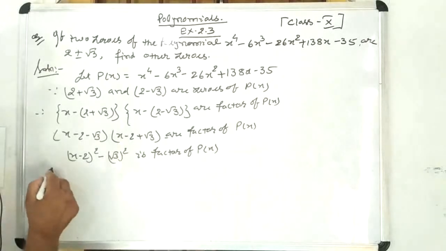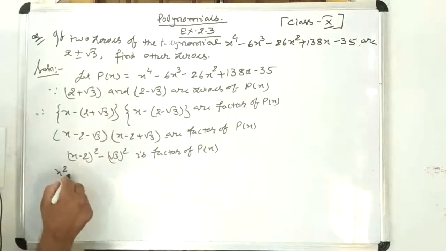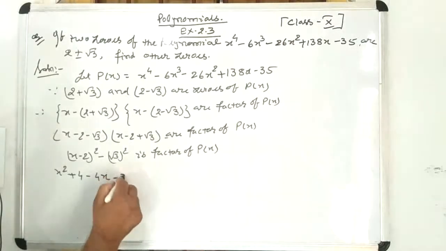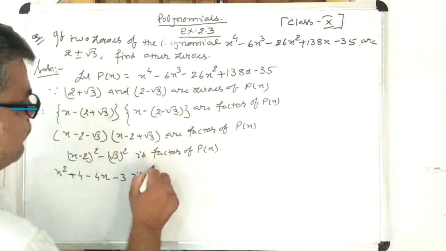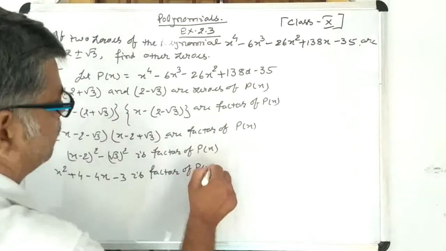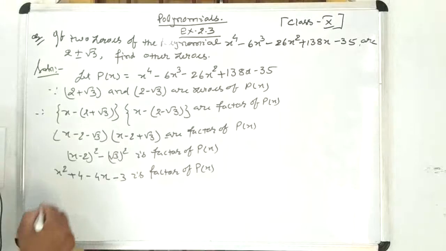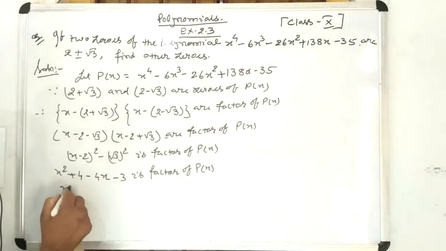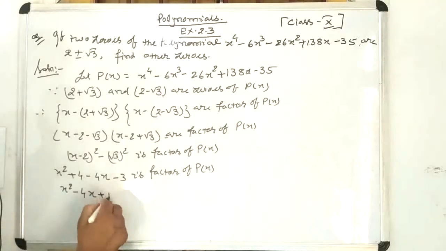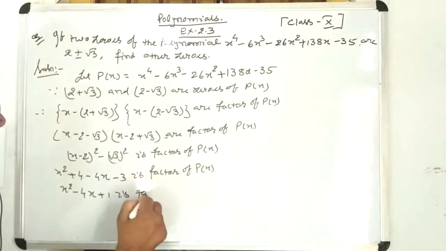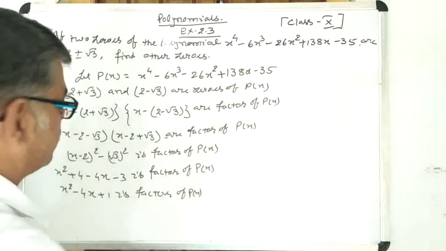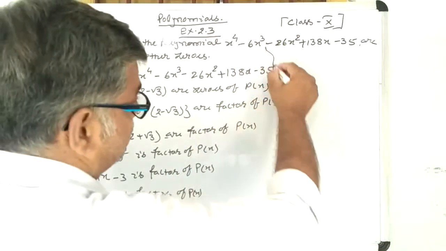Expand this: x square plus 4 minus 4x minus 3 is a factor of P(x). So you can write x square minus 4x plus 1 is a factor of P(x). Now we need to divide.